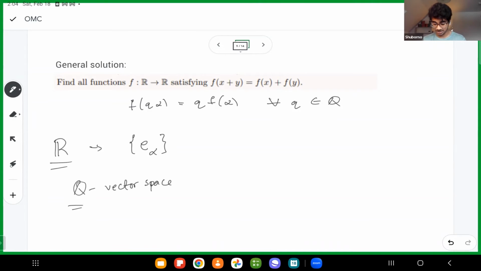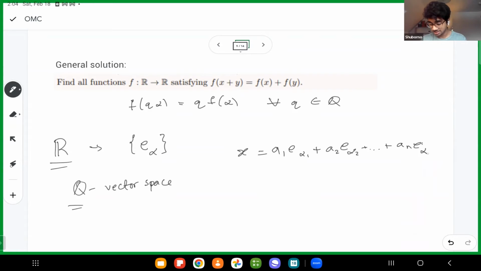So basically what we're saying is that you can express every real, let's say x, as a unique combination of a1 times e1 and so on.